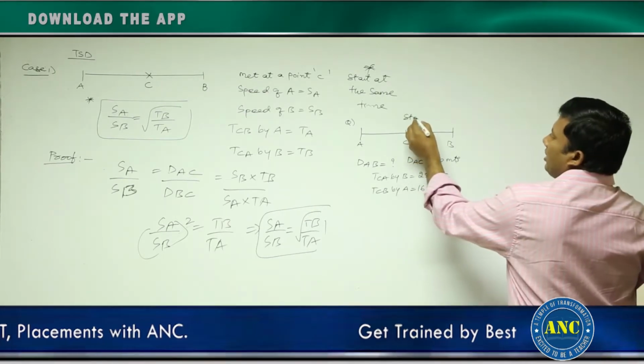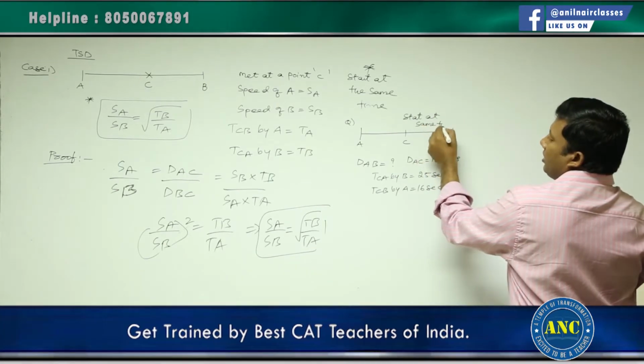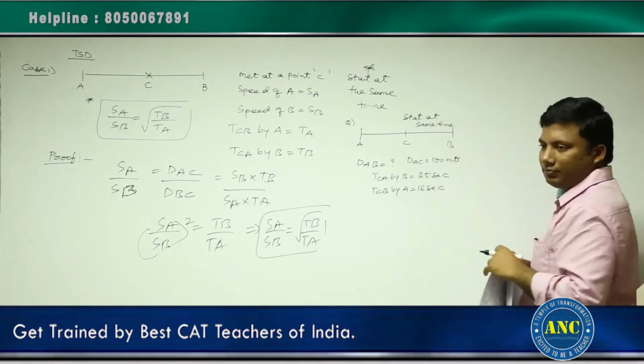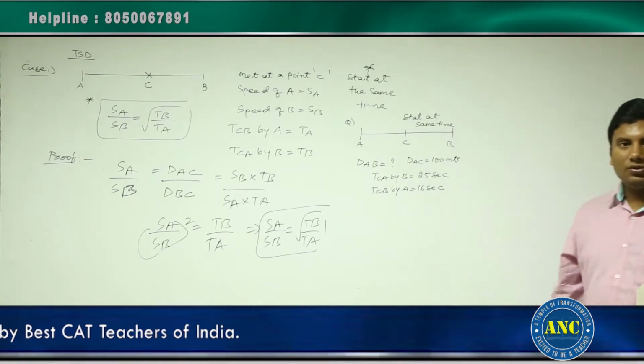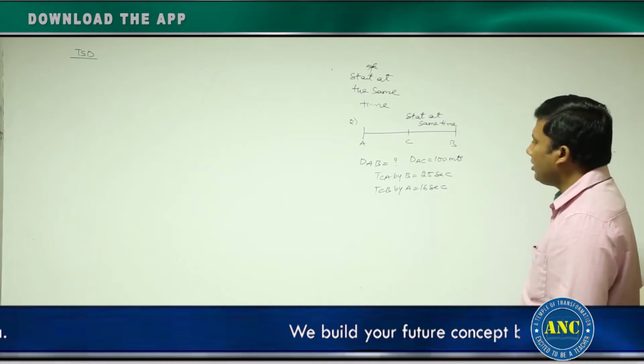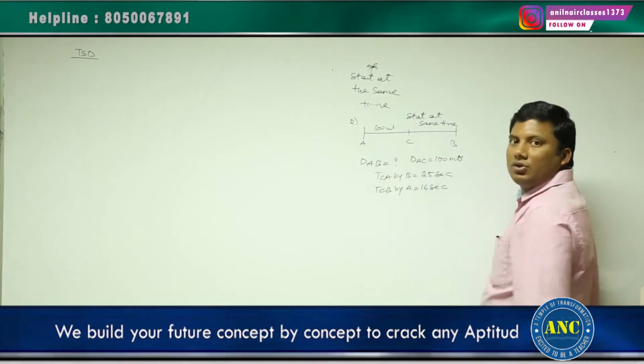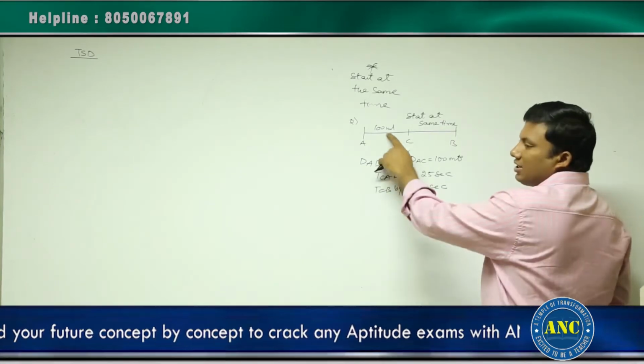Both of them started at the same time. Directly we will get this one. Distance from A to C is 100.